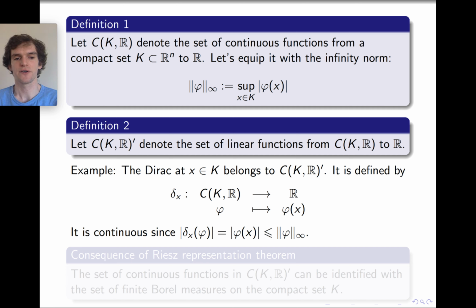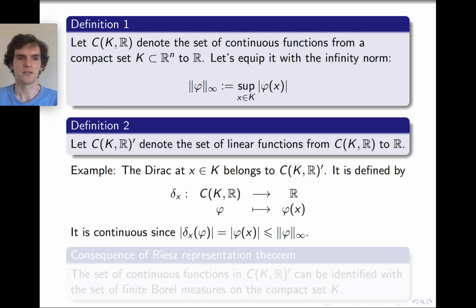In fact, this function is not only linear, preserving the operations of multiplying by a scalar and addition, it's also a little bit stronger. It's continuous, because the modulus of the Dirac delta evaluated at phi is exactly equal to phi(x), which, with this supremum definition of the infinity norm, is going to be less than or equal to the infinity norm of phi.